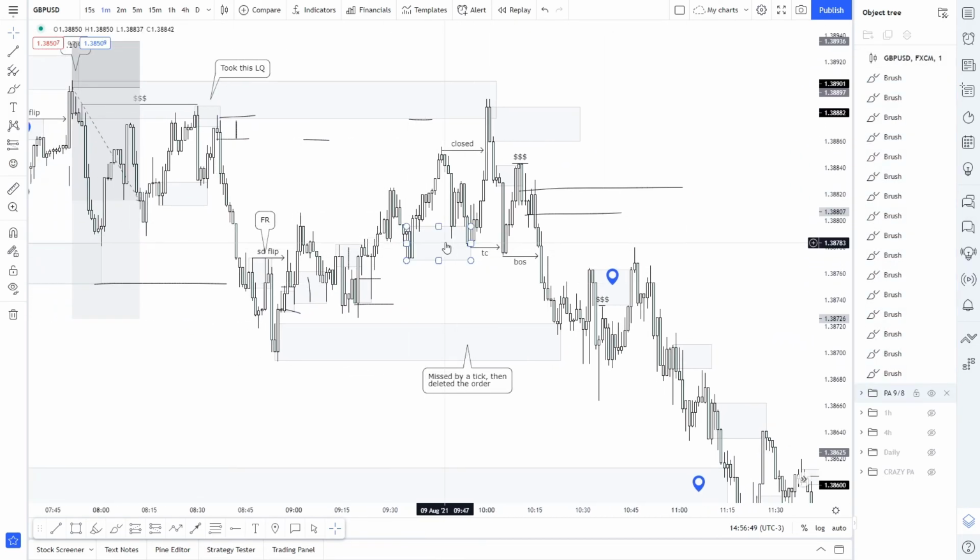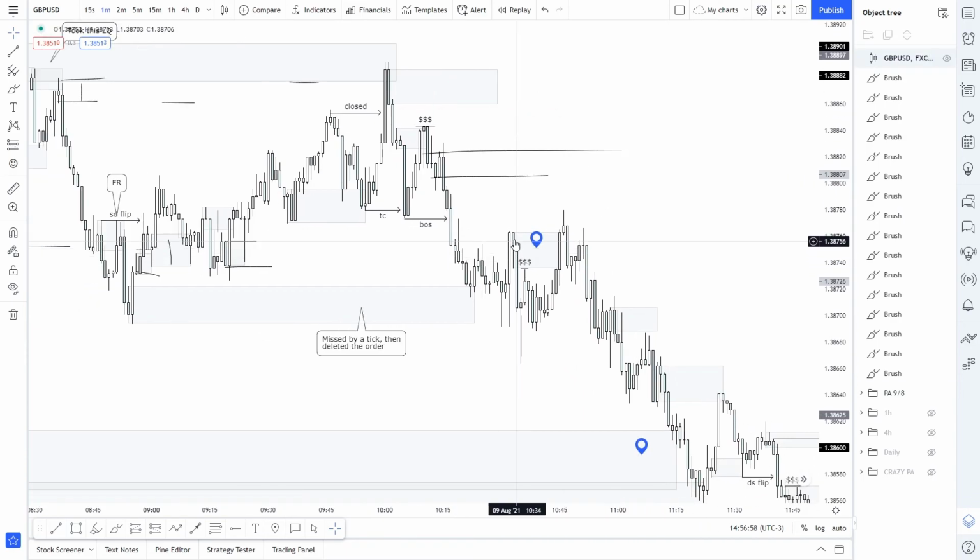We have a demand break, supply break here, on this move right here. So that could have been another trade, but we're not going to count that one. Here we have a supply to demand, demand to supply flip, right? So that's another loss, minus 1.